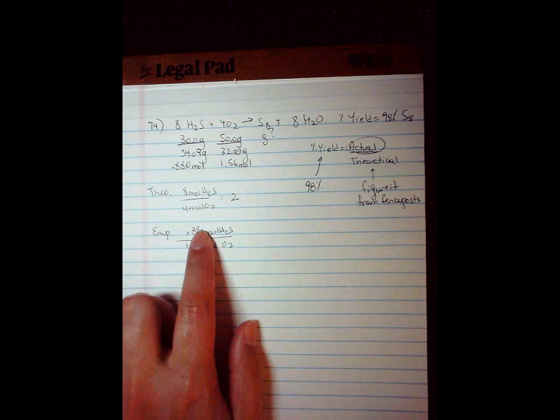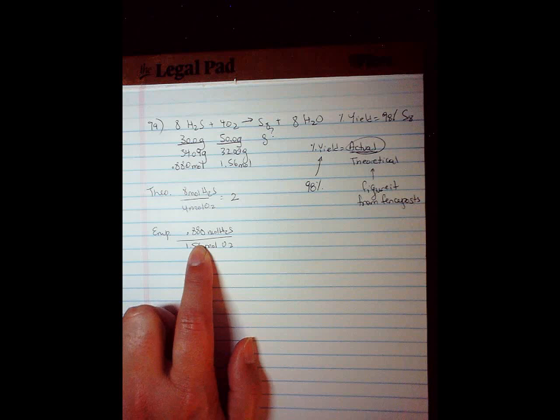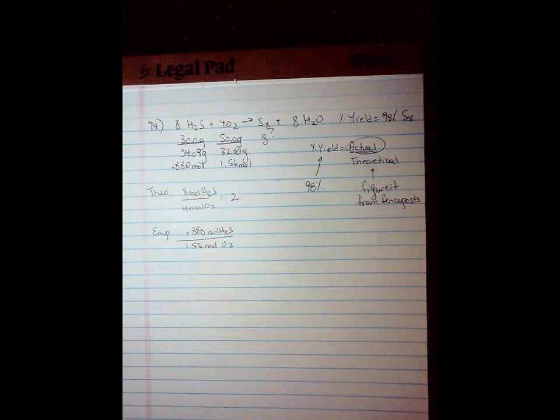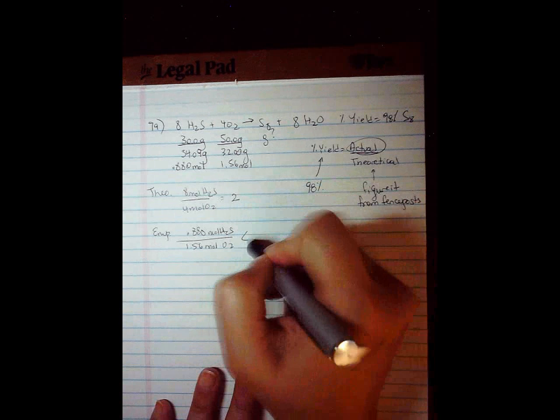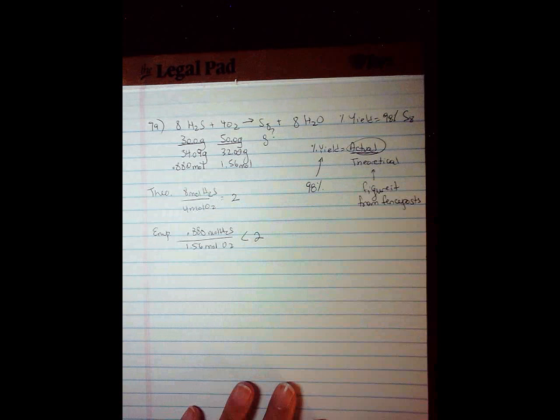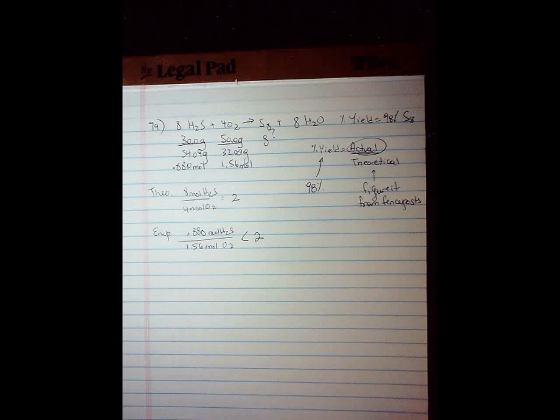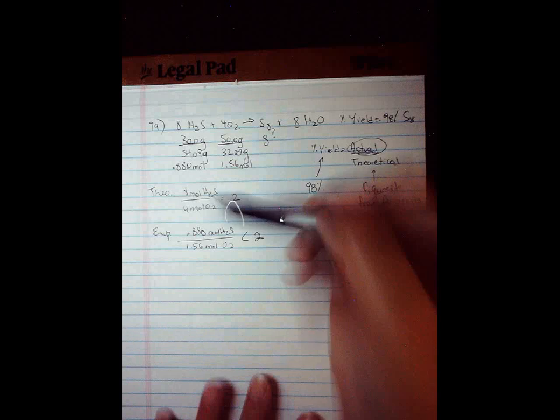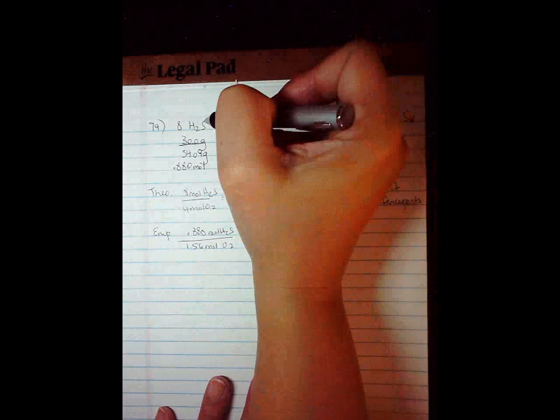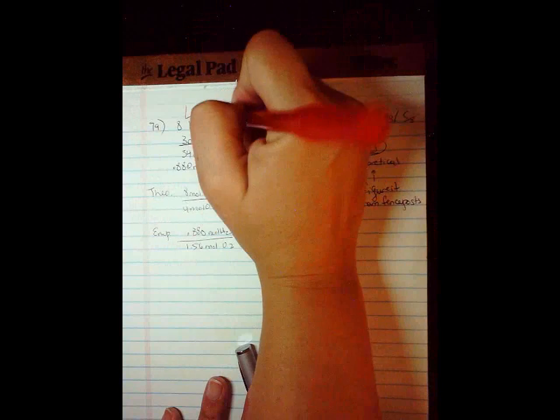Again, I don't necessarily have to calculate what that reduces down to. It's pretty obvious to see that that's more like a half, right? Is a half bigger than 2 or less than 2? Okay, it's less than, right? So this is less than 2. If the empirical ratio is less than the theoretical, who's at fault? The numerator. What did I put in the numerator? H2S. That's my limiting reactant. This is my excess reactant.